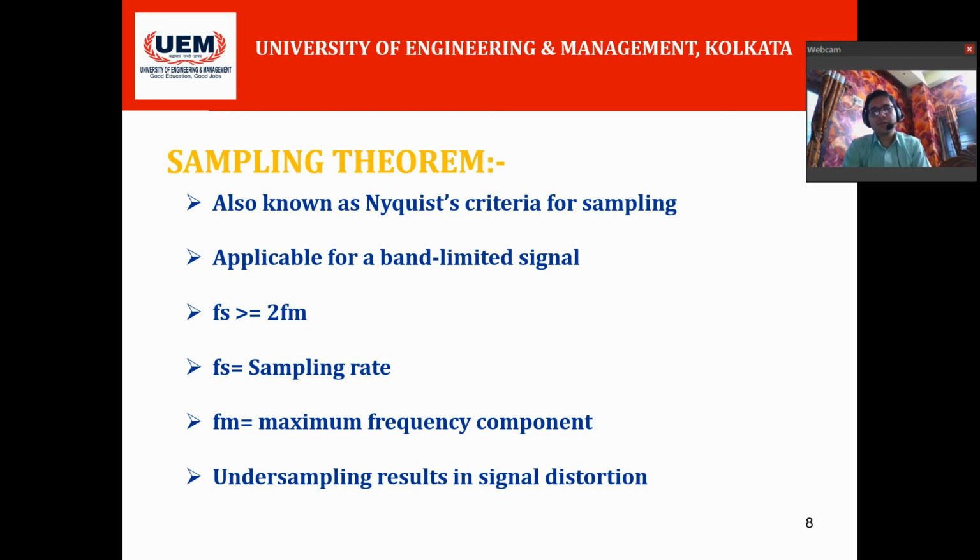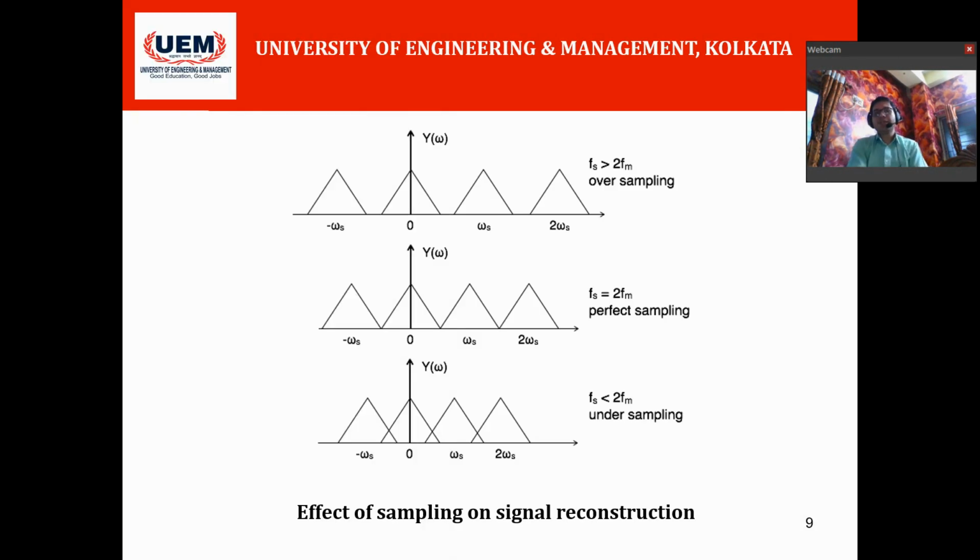And obviously you can understand that undersampling results in signal distortion. So if the rate of sampling does not follow the sampling theorem, then there might be problems and that may result in signal distortion. These are the effects, as you can see in the first diagram. This is oversampling. It's absolutely fine, you can reconstruct the signal.